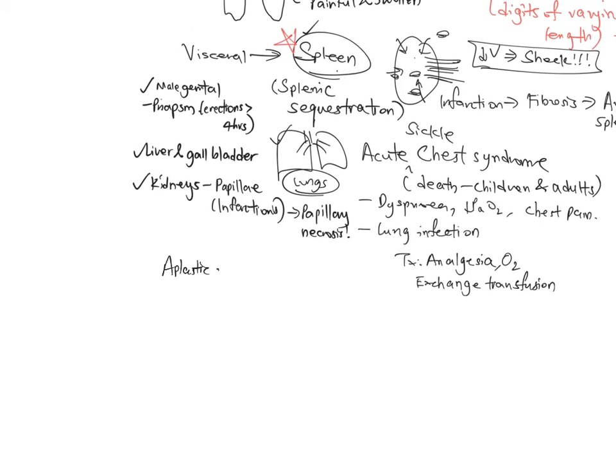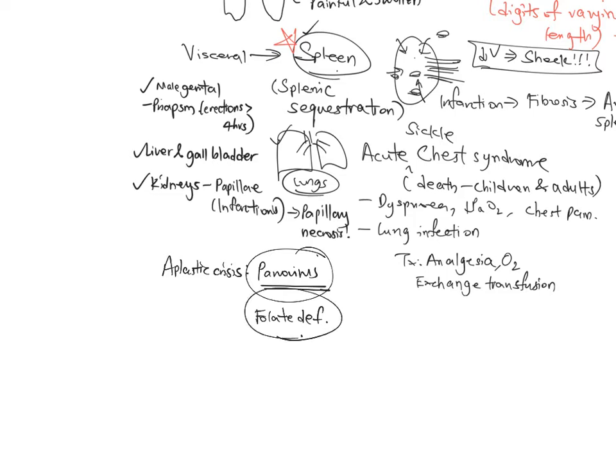An aplastic crisis generally occurs when the bone marrow does not produce the blood components, including red blood cells, platelets, and white blood cells, and that's often precipitated by infections of the parvovirus. It's important to remember this virus, and also folate deficiency.